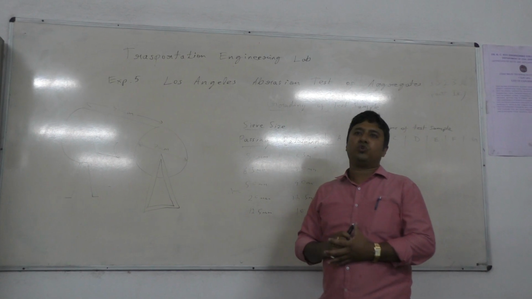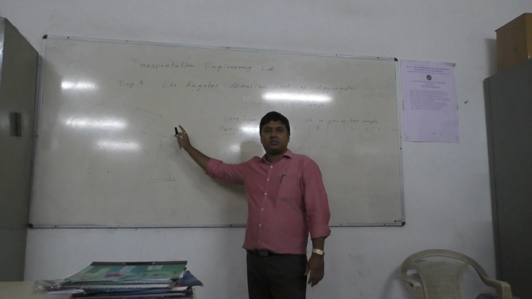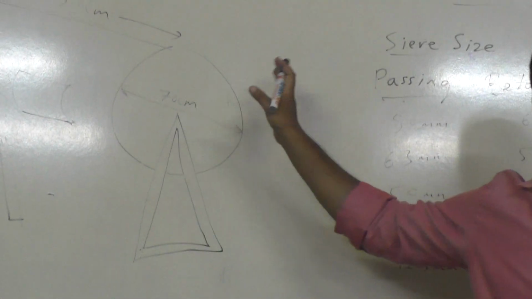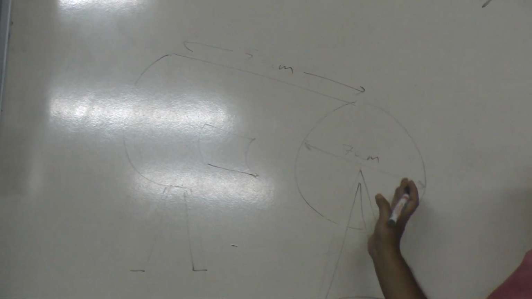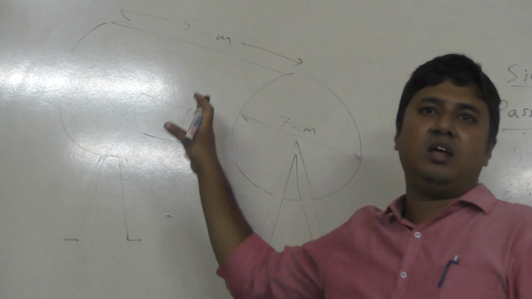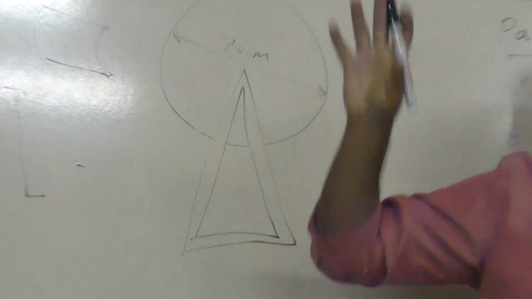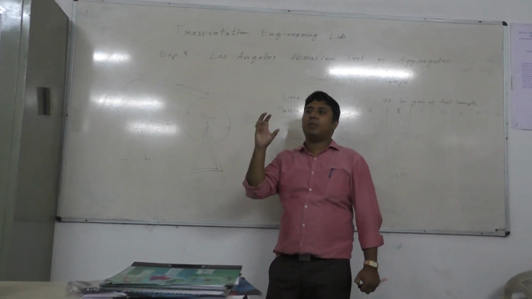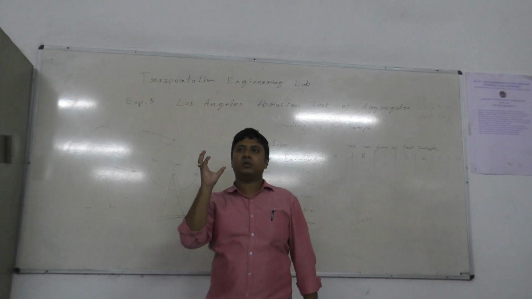To perform this, we need the apparatus, the machine, that is the Los Angeles abrasion test machine. It consists of a steel drum. The dimension of this drum is a diameter of around 700 mm and a length of about 500 mm. We will fill this drum with a certain quantity of aggregates and some steel or mild steel or cast iron balls, a certain number of balls of certain weight specification.